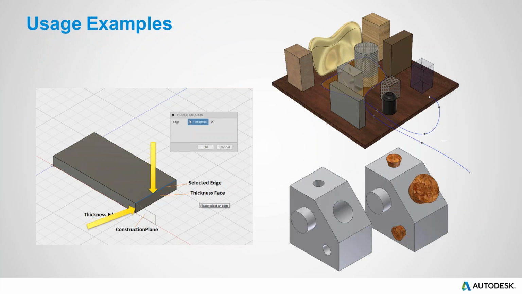I've written this program a couple of times in Inventor, and I just haven't had time to do it in Fusion. But what it will do, like I said, is interrogate the part. It finds those circular edges that represent holes.